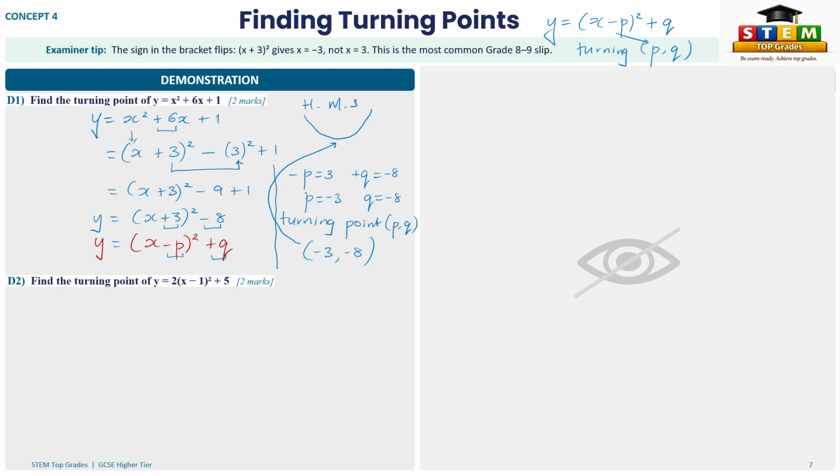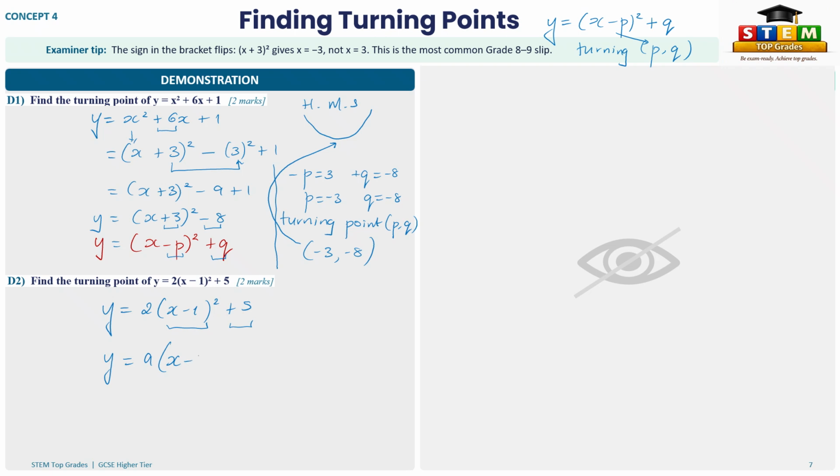As you can see, in the second case it's already in completed square form. Hopefully you can recognize the bracket with the power of 2 and the number attached to it that makes it a completed square. Now we're going to compare this with, and I'm going to attach a number here, a. That a doesn't really matter, it's just a scaling factor.